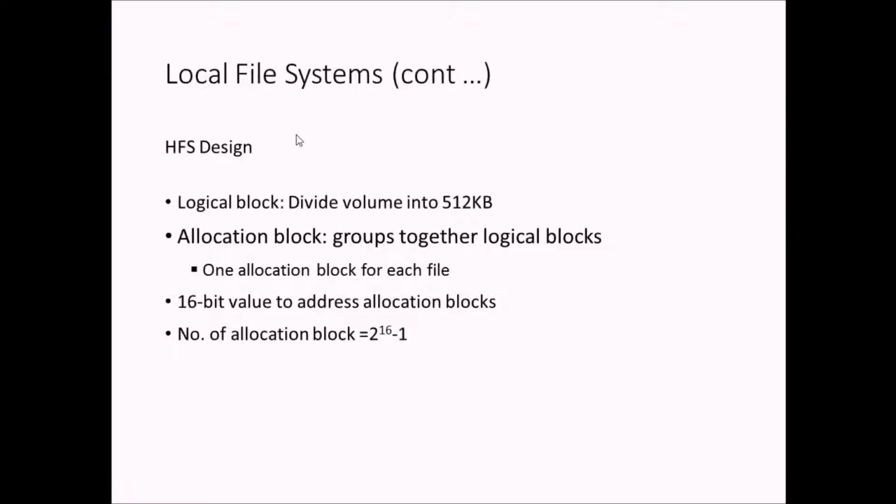The HFS design was basically some sort of logical block, dividing the volume into 500 kilobyte blocks, and the allocation block groups together some logical blocks, one allocation block for each file. A 16-bit value is used to address allocation blocks, so the number of allocation blocks would be 2 to the power 16 minus 1.